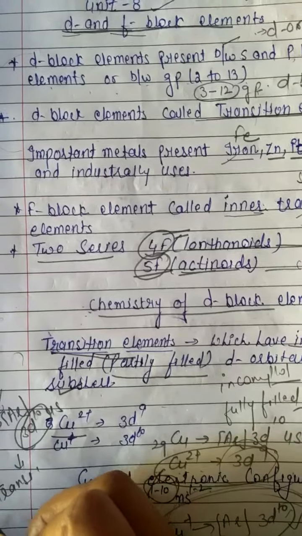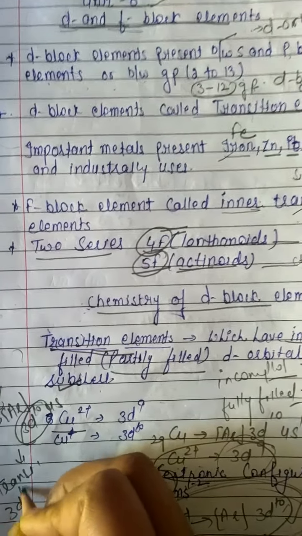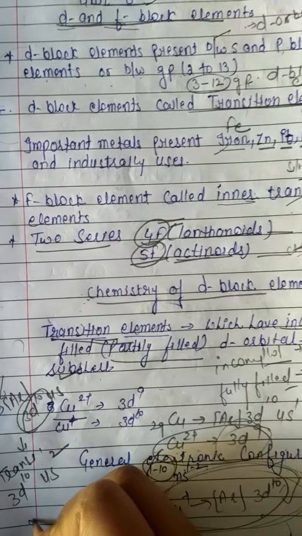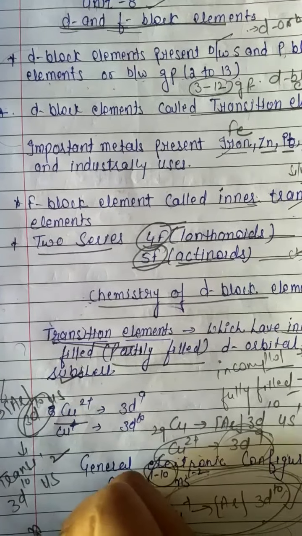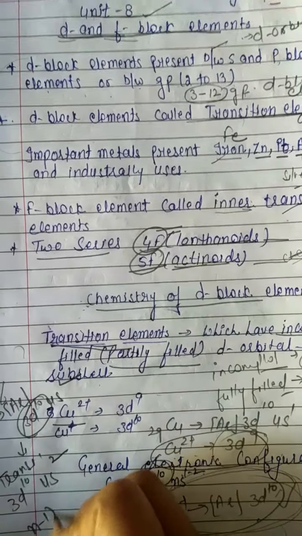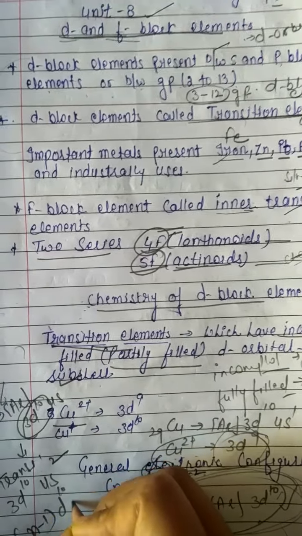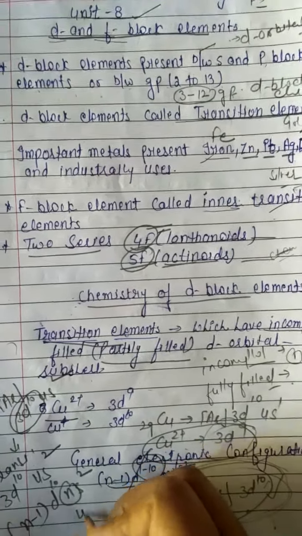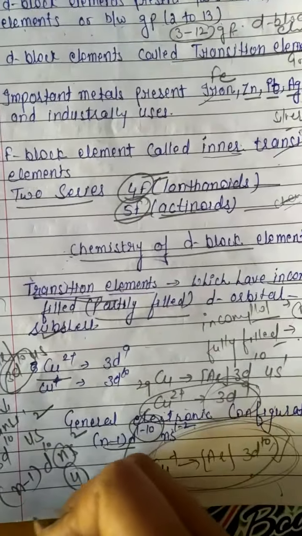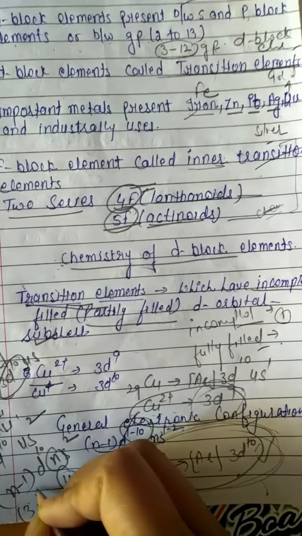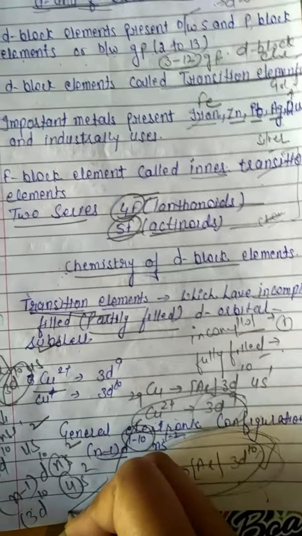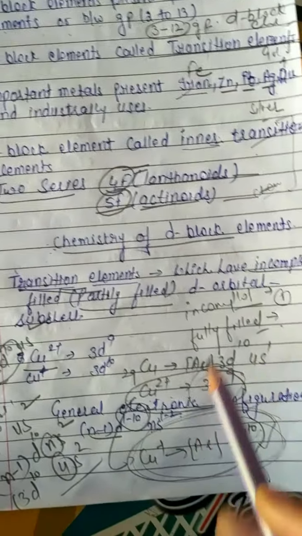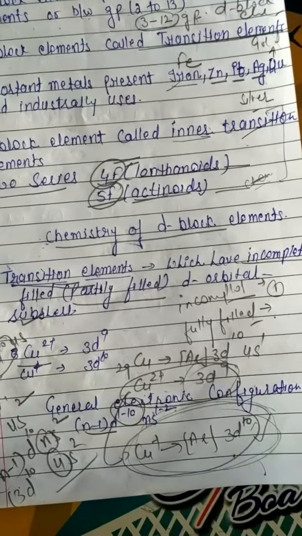Example, zinc 3d10 4s2. Here the configuration becomes (n minus 1) d10 ns2, where n is 4, so n minus 1 becomes 3: 3d10 4s2. This is the nL electron configuration of d block elements.